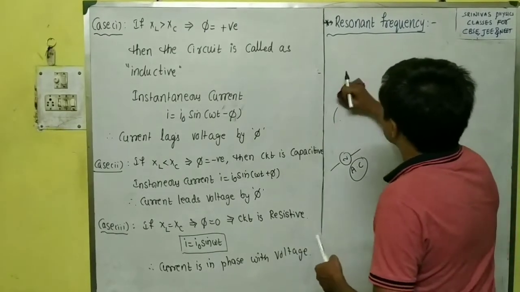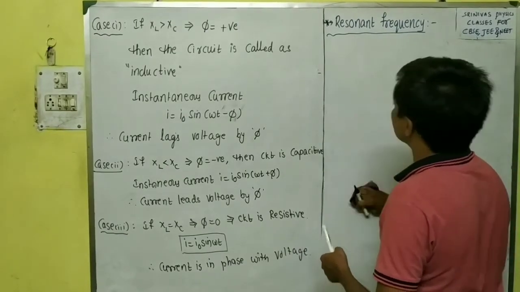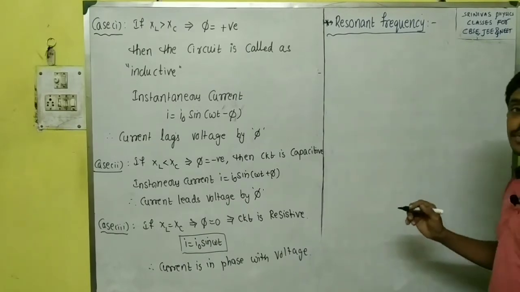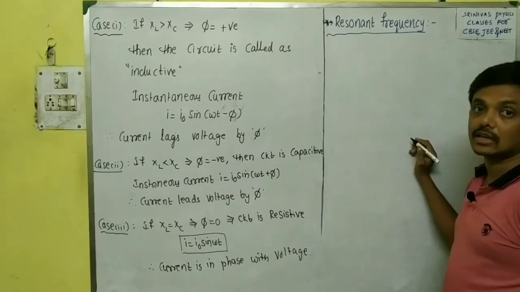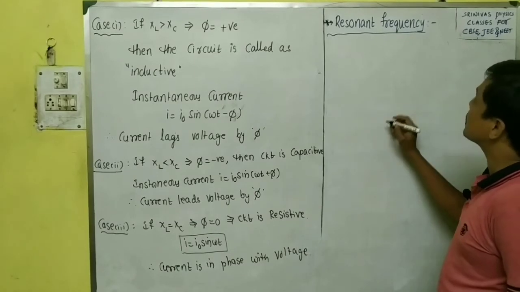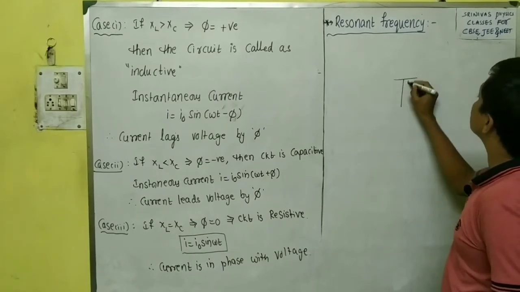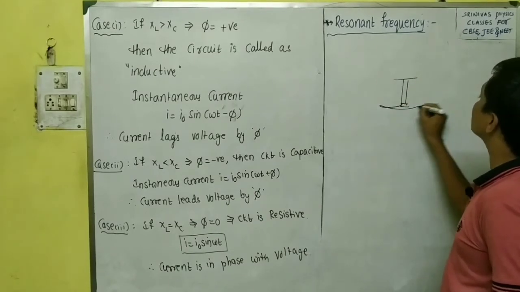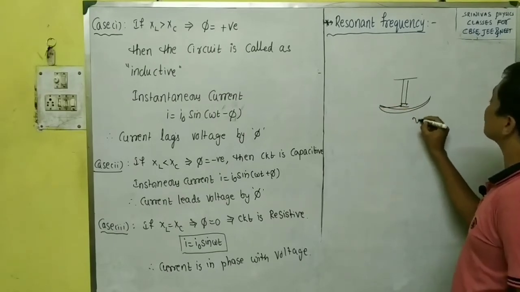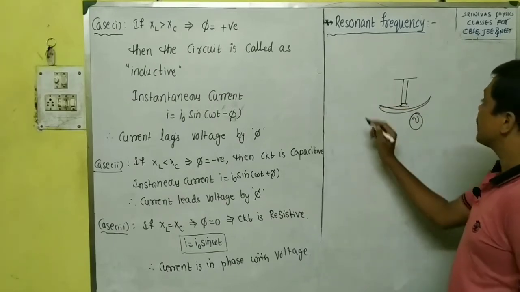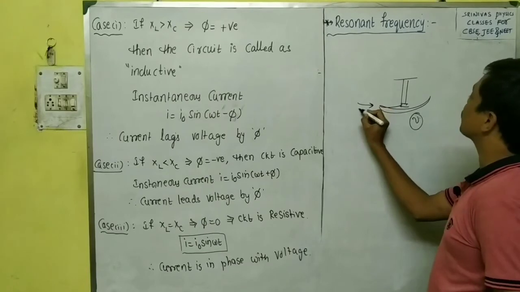Now, regarding resonance, in the SHM topic, simple harmonic motion, in the first year we discussed resonance. For example, this is a swing. If it is oscillating like this, it has its own frequency, that is the natural frequency, and somebody is pulling and pushing it.